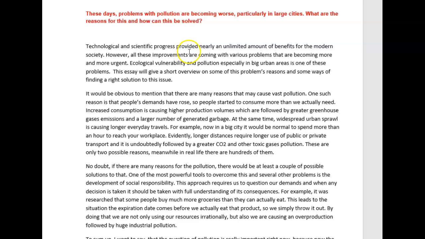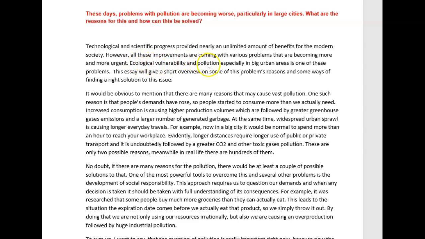However, all these improvements come with various problems, or even better, even higher level would be, are accompanied by various problems. It sounds a little more academic. That are becoming more and more urgent.